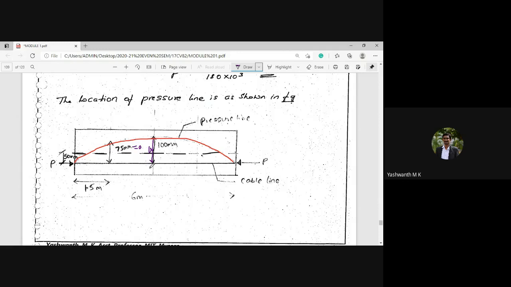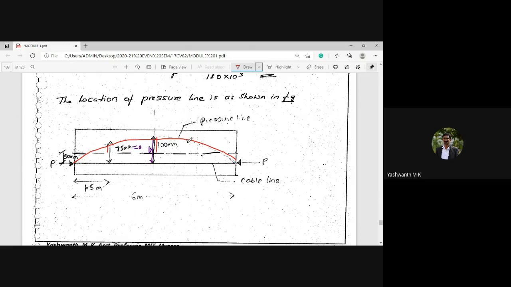If you want to show E dash also, this will be your E dash at quarter span from the central axis of the steel. This is E dash at quarter span, and this is E dash at midspan. Like this, we need to show the pressure line location on the PSC beam and also calculate the corresponding stresses.